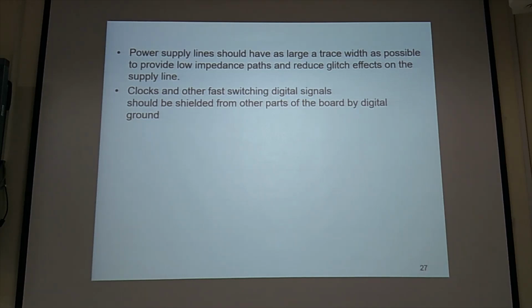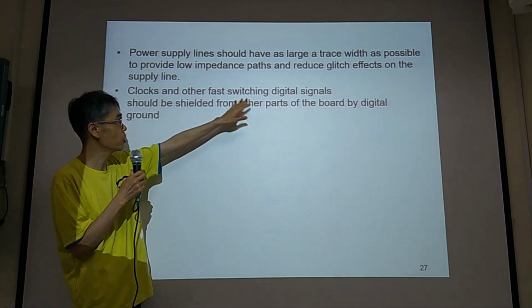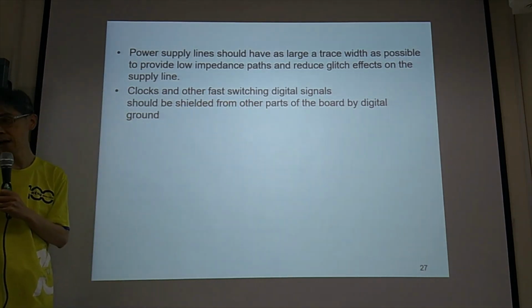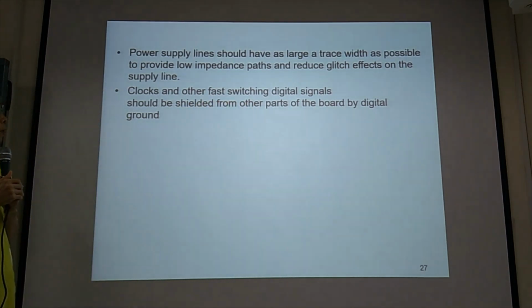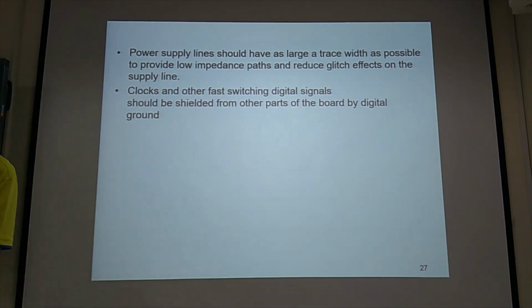Then you can lower the impedance of your trace, your wire. And the digital signal, clock on-off switch, should be shielded because they will create electromagnetic interference to your circuit.